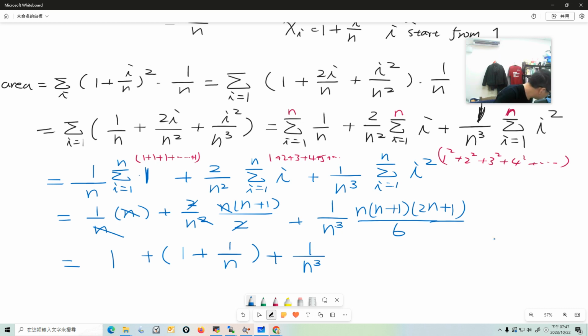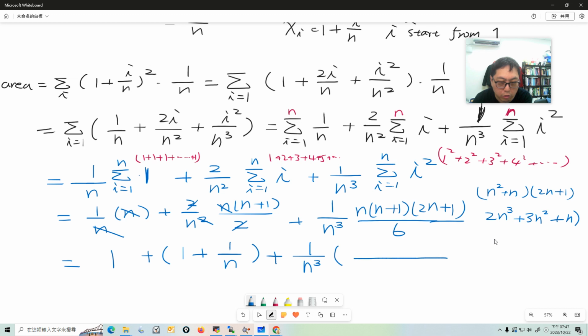Let me check, I'm just making sure I'm doing everything right, because I'm afraid I'm doing a wrong calculation. That happens a lot. So let me do the calculation here: n squared plus n times 2n plus 1. So 2n cubed plus n squared is 3n squared, 2n squared, plus n. So we'll have 2n cubed plus 3n squared plus n.